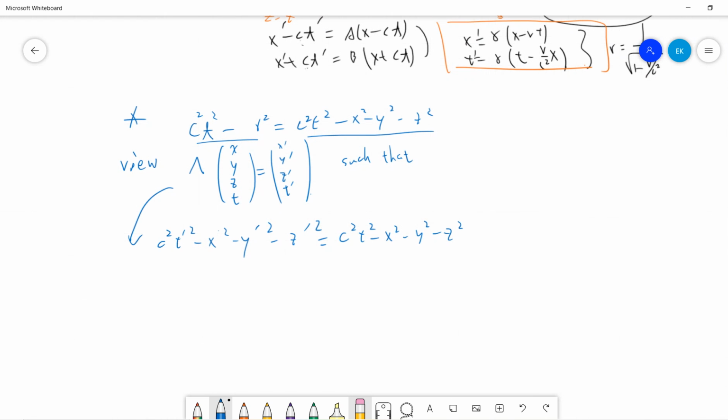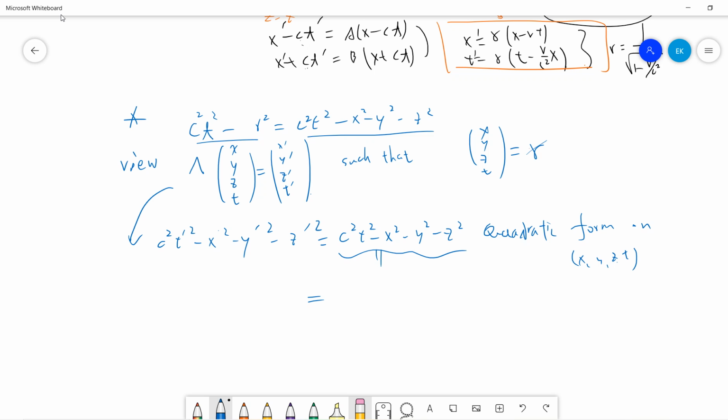So this is the quadratic form on x, y, z, t, right? Or basically you can write this with the vector x, y, z, t, let's call it r.